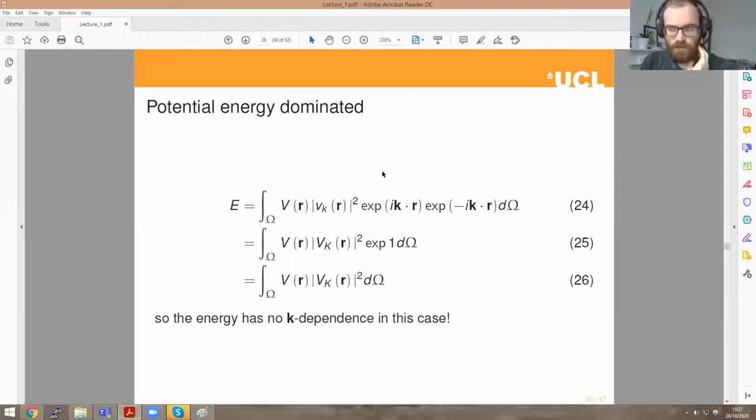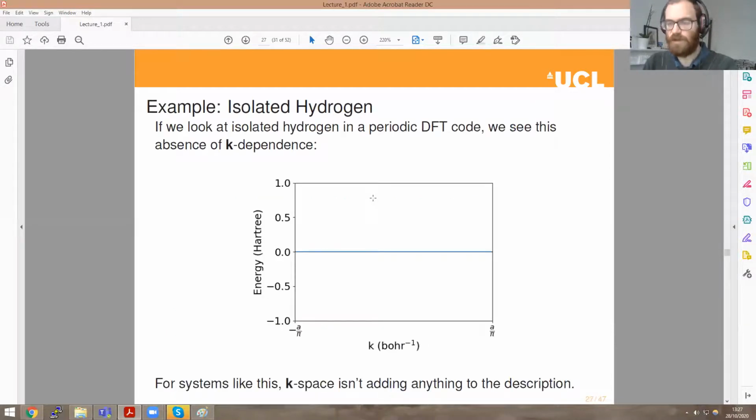So you can see that if you run through a derivation where you just assume that there's no kinetic energy, but everything's described in terms of this potential energy, you don't get k-based sampling in that case.